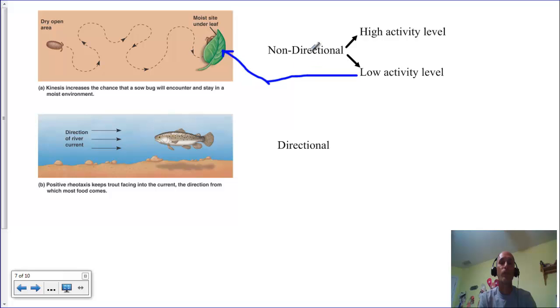All right, so this doesn't just happen on the individual cell level, it doesn't happen just on the organism level, it can happen in ecosystems too. So in populations, in this case here we have the snowshoe hare and the Canadian lynx. And let me pull that up for you real quick here.